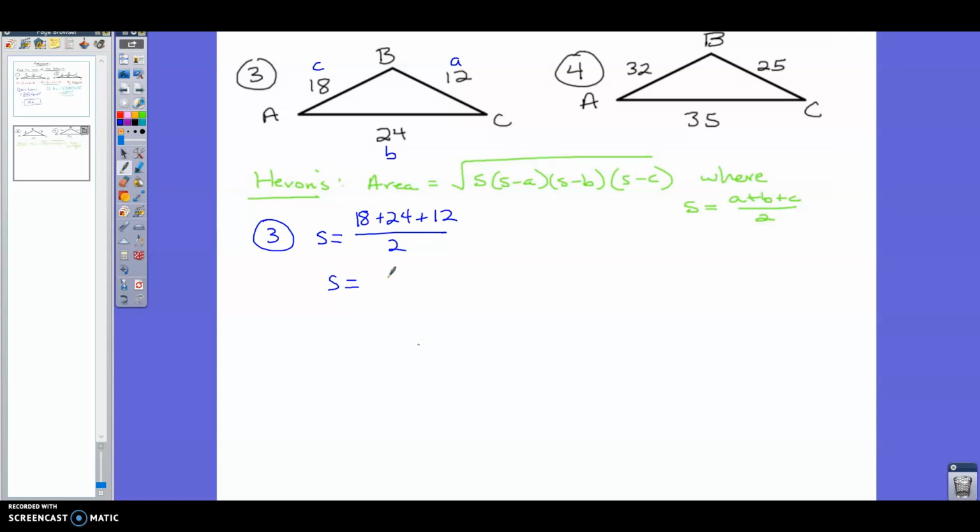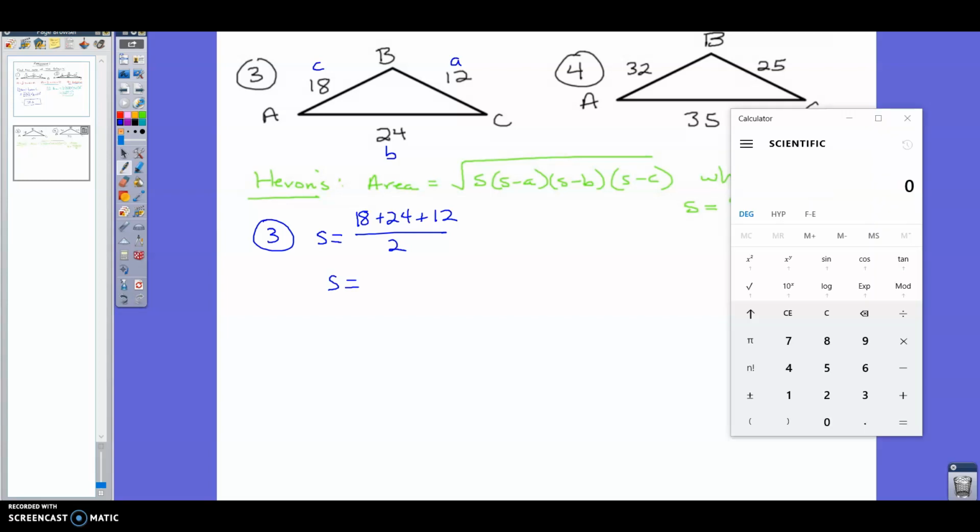So if we add all those together, I'm going to add everything in the numerator, which is 54, and then we're going to divide that by 2, which is 27.